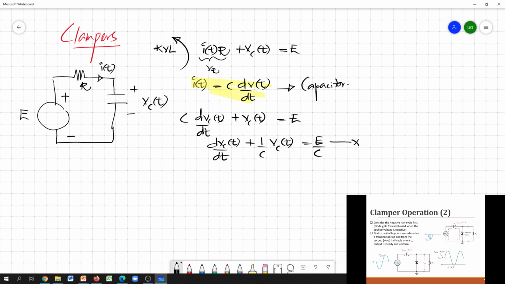So this is the differential equation. This is a first order differential equation. Sorry, we have CR here.